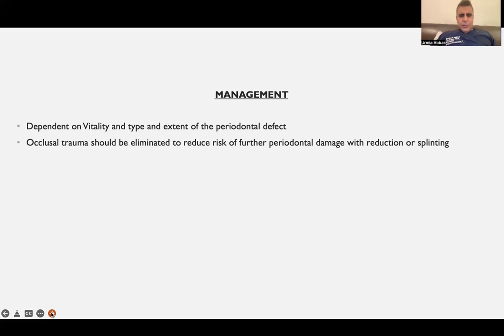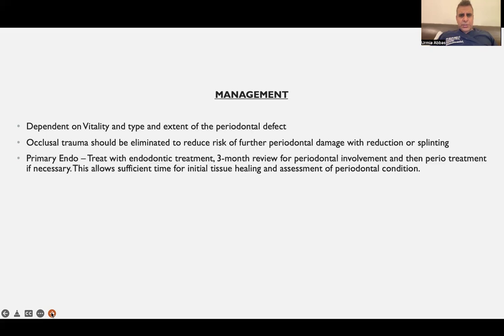Occlusal trauma should be eliminated to reduce the risk of further periodontal damage, with reduction or splinting. Primary endo is treated with endodontic treatment, a 3 month review for periodontal involvement, and then perio treatment if necessary. This allows sufficient time for initial healing and assessment of the periodontal condition.